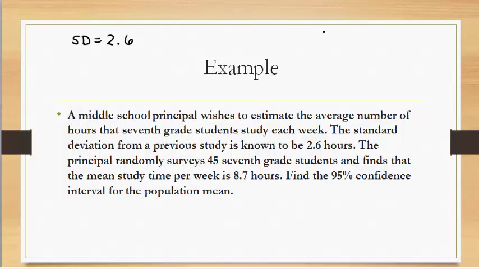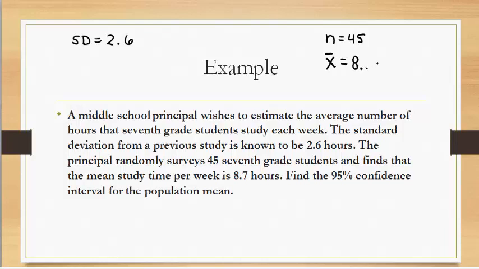He picks a sample of 45. And he finds from those 45 that the mean study time per week is 8.7. Okay, so be sure that you understand that he picked 45 students. That was a sample. And he calculated the mean to be 8.7. So that 8.7 is the sample mean for this problem.